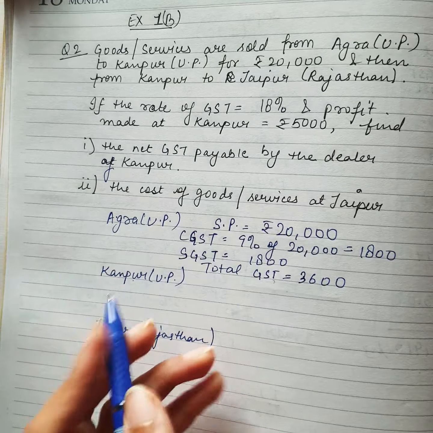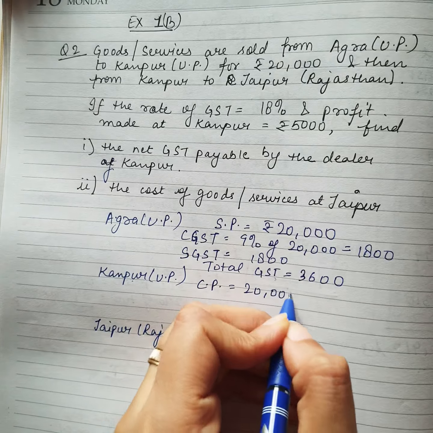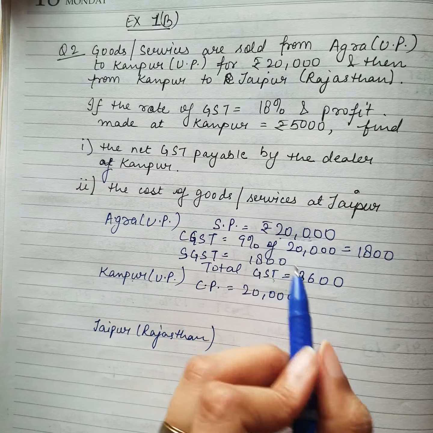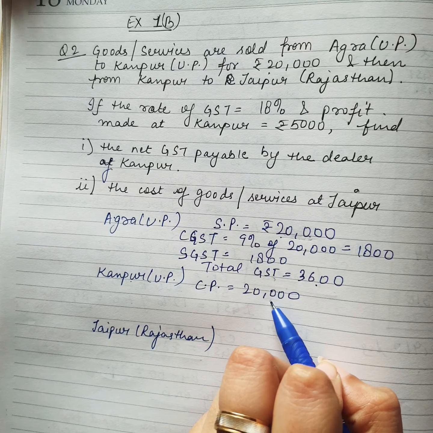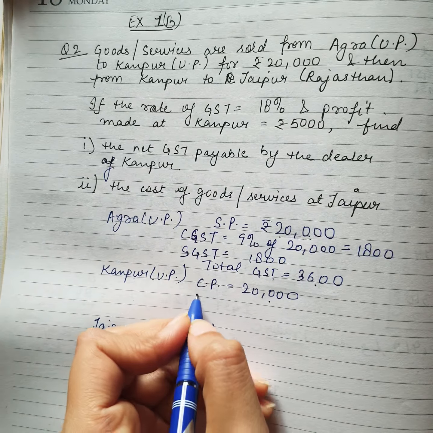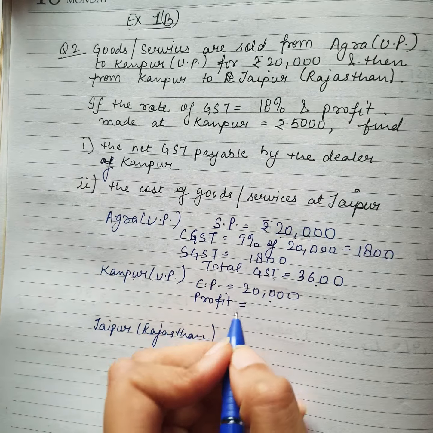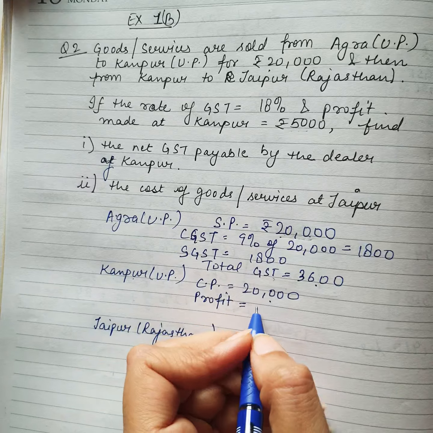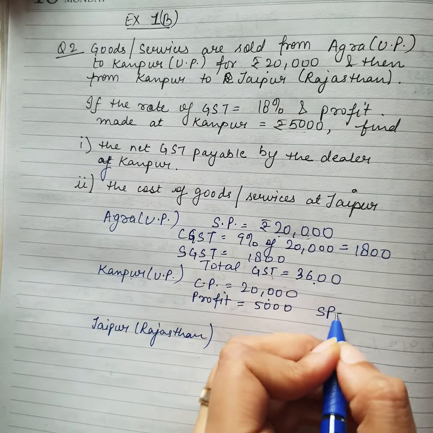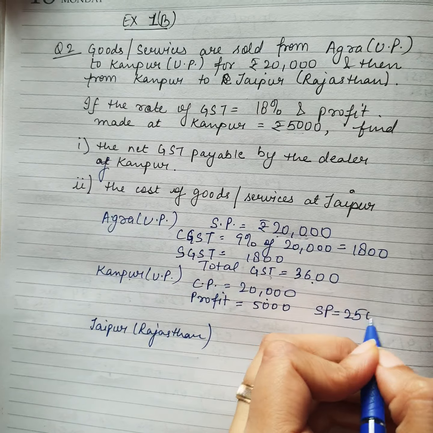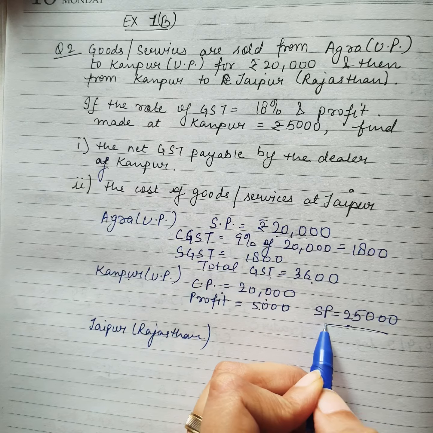Now at Kanpur the cost price is 20,000, the actual cost price of the product. Now the Kanpur dealer has included a profit of rupees 5,000. So the selling price will be 20,000 plus 5,000, the selling price 25,000.